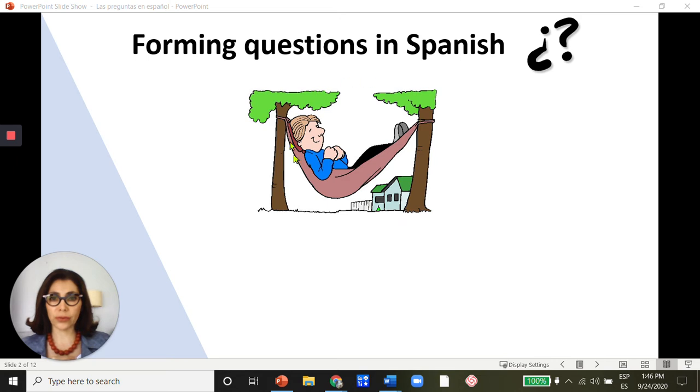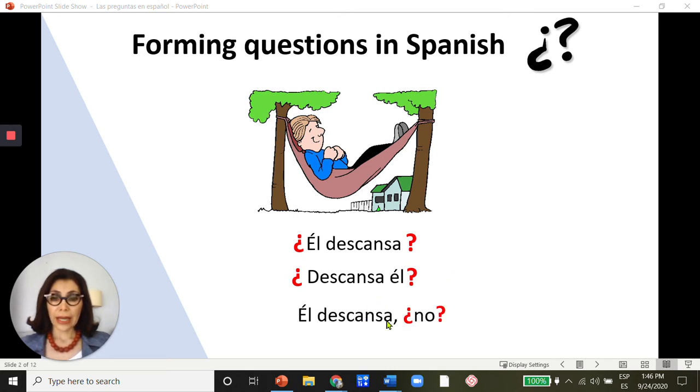Aquí tenemos una imagen, so based on this image, we can say, él descansa, descansa él. This would be the second way of asking, right? And the third one, él descansa, ¿no?